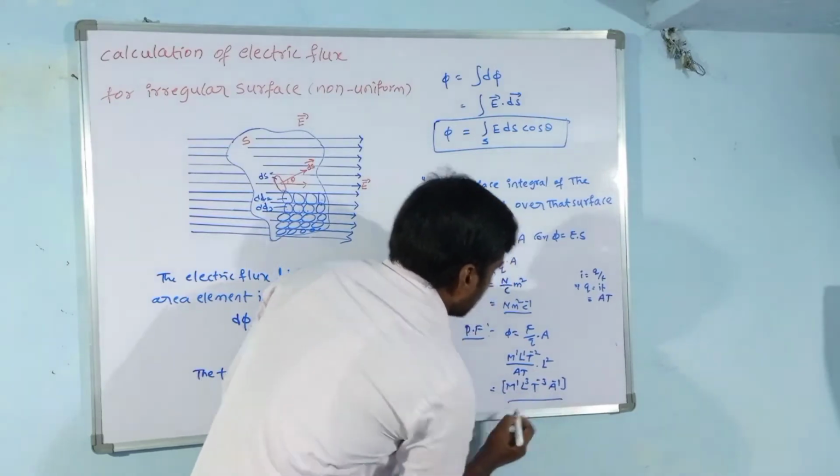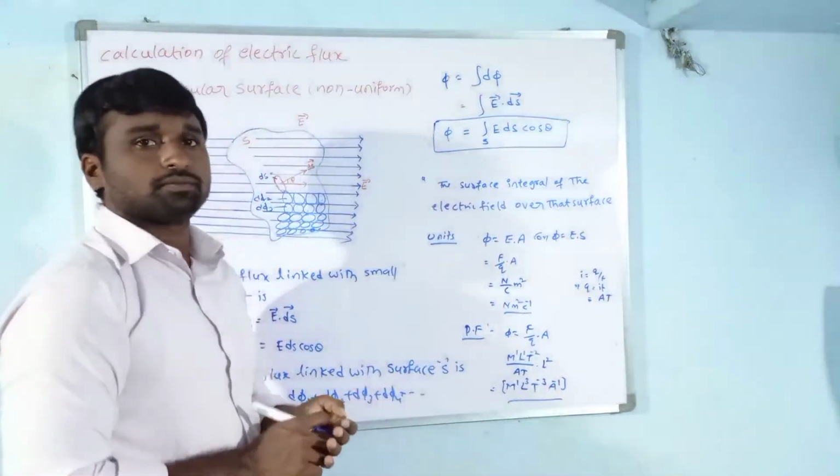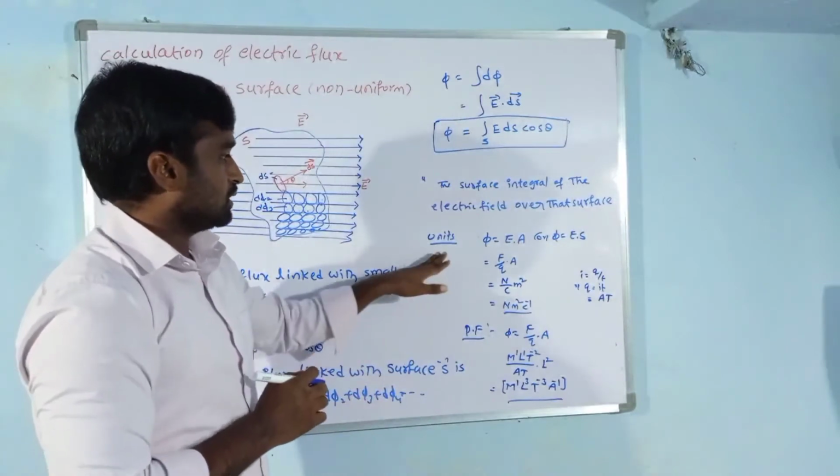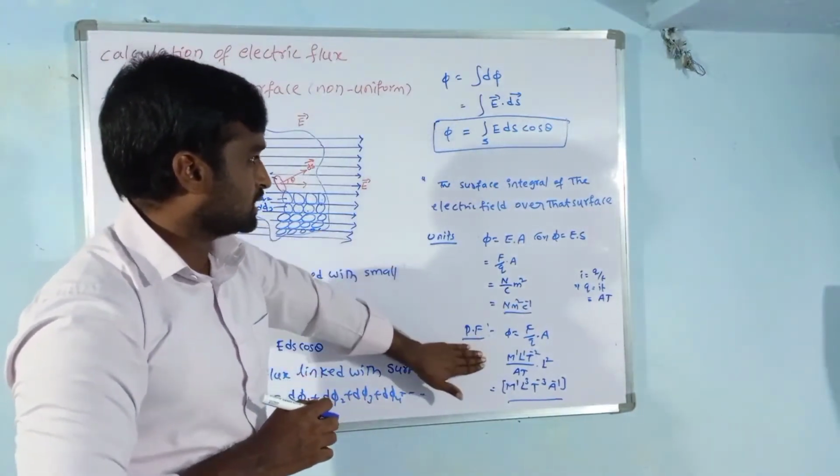So this is the dimension formula of the electric flux: M L³ T⁻³ A⁻¹. These are the units and this is the dimension formula.